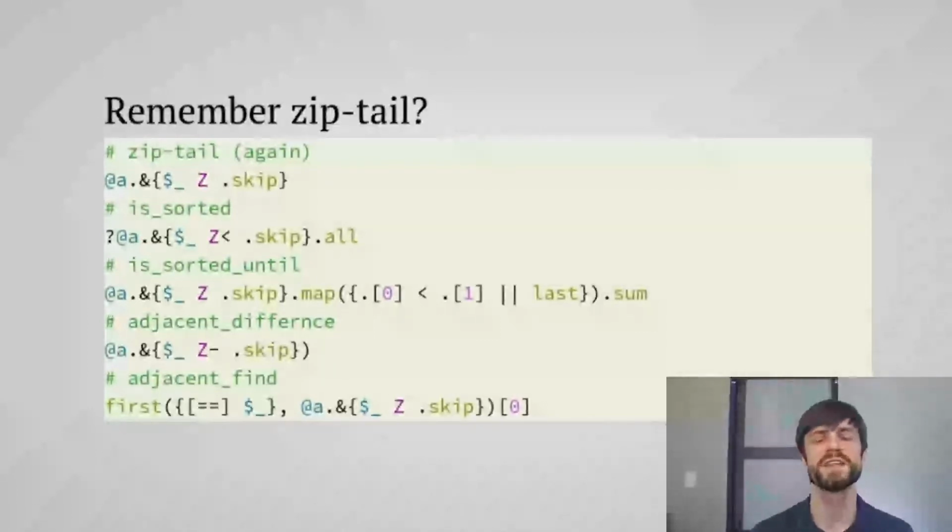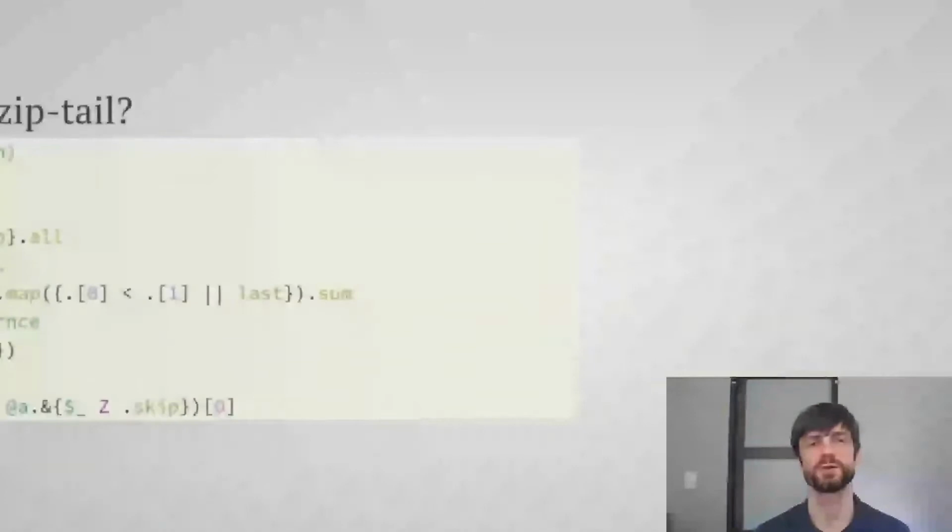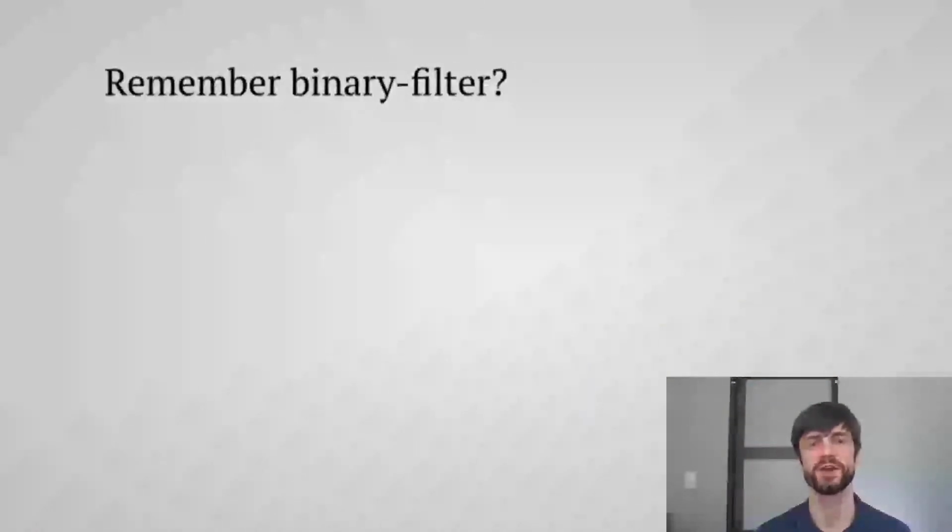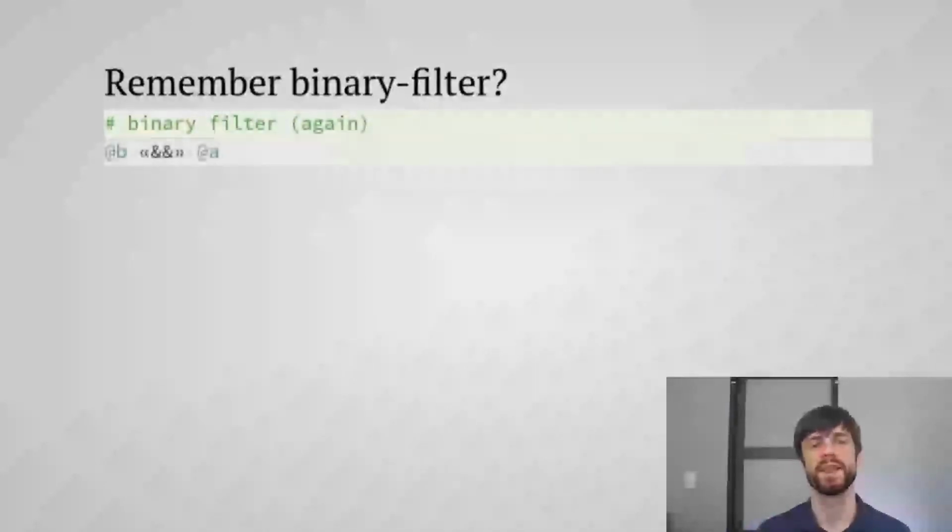All right, for this next batch of functions, we're going to need not only our now good friend Ziptail, but also the other building block helper function I introduced earlier, binaryfilter. Just a very quick refresher on that. It's a function over two arrays or lists A and B. A contains elements of interest, and B contains a binary list, a list of booleans or boolean-like elements.